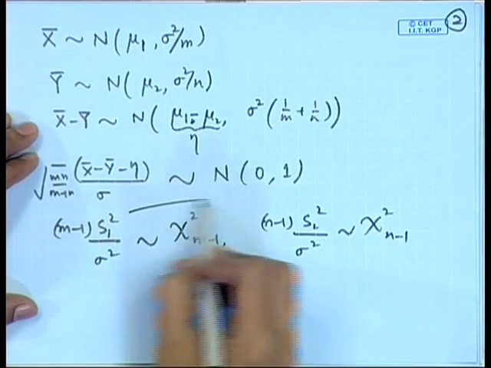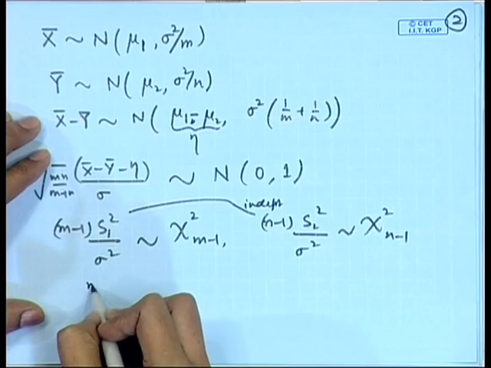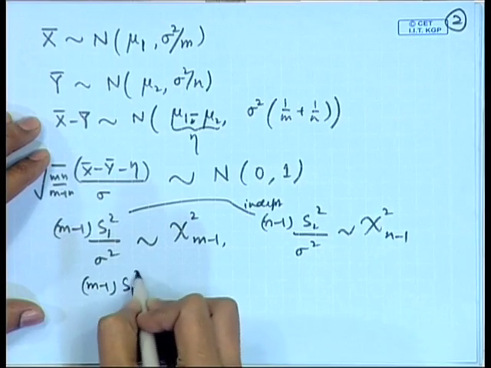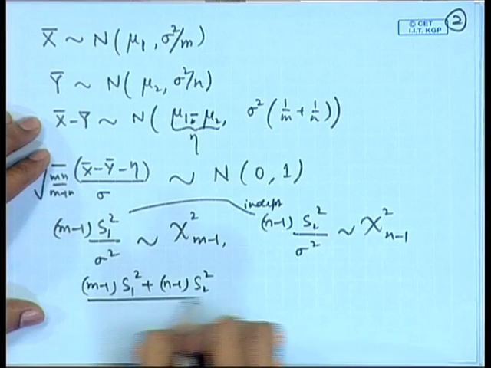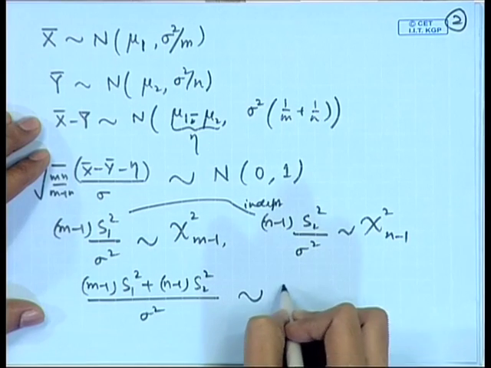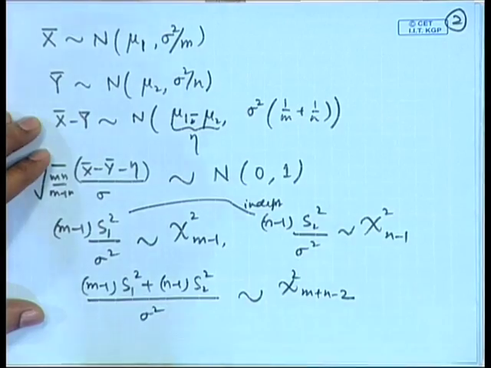Once again, these two quantities are also independent. So, I can add these and we get m minus 1 s 1 square plus n minus 1 s 2 square divided by sigma square, that follows chi square distribution on m plus n minus 2 degrees of freedom.